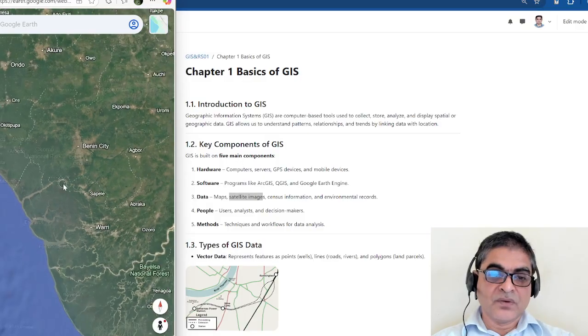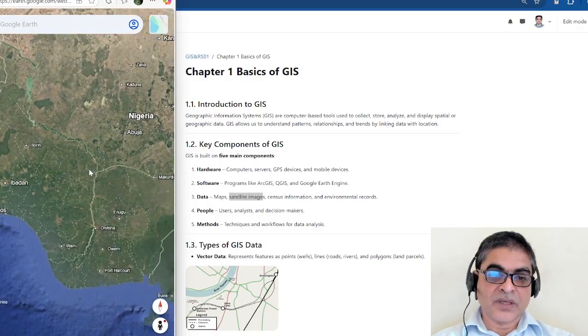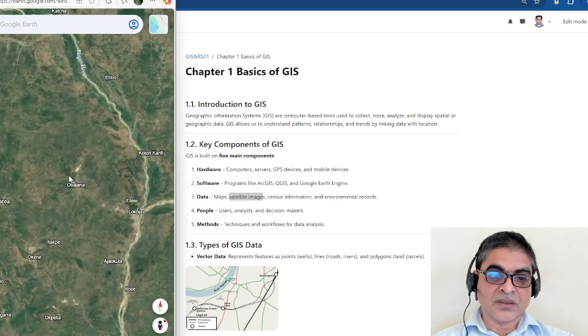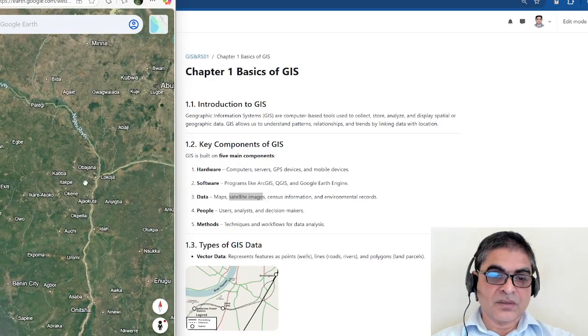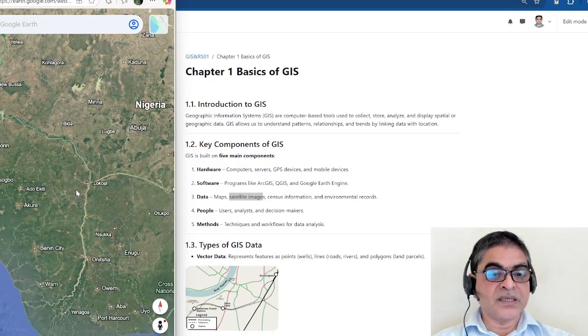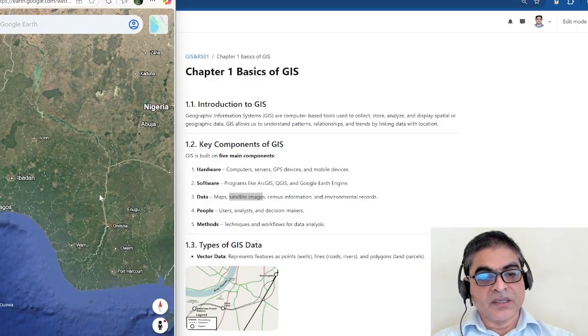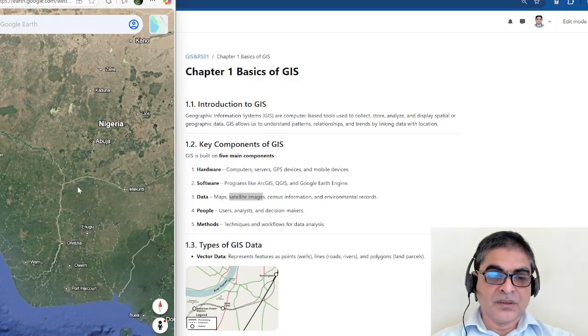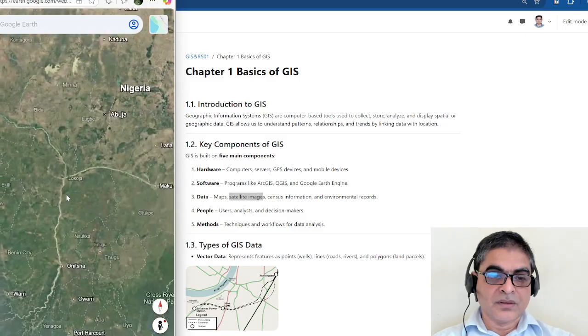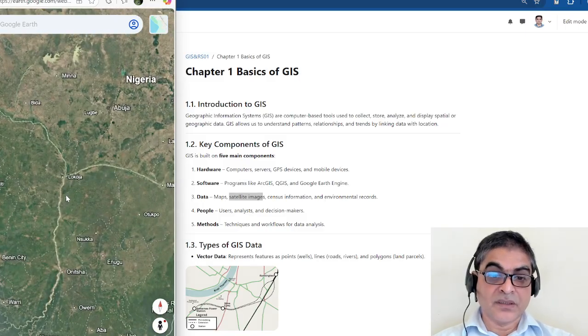If you look at this one, this image is also a mosaic of many satellite images or satellite slides. Satellite data may be related to different bands, which we will discuss in detail in chapter 3, which is all about the data.